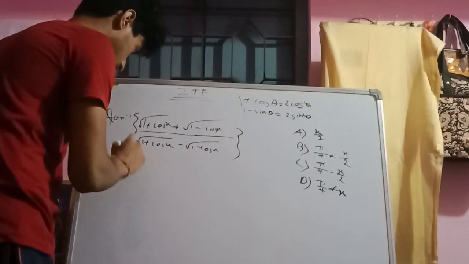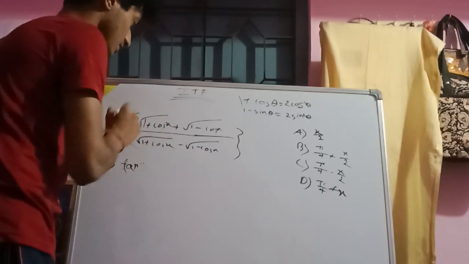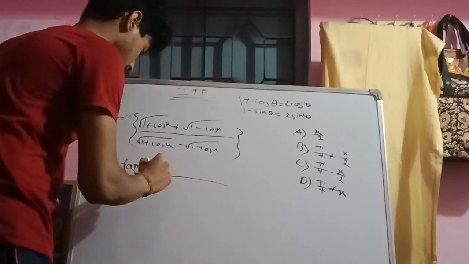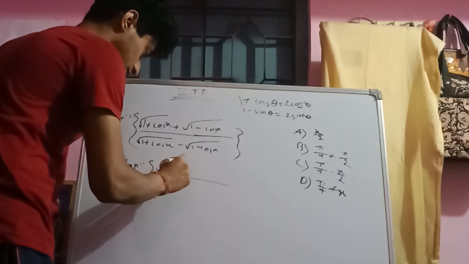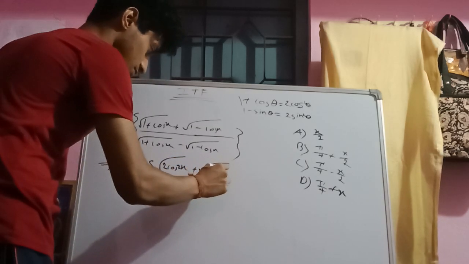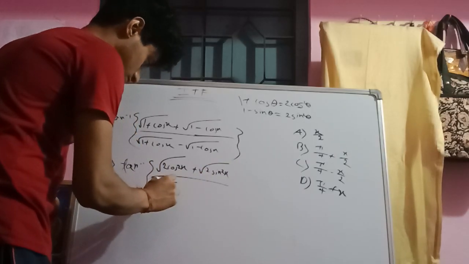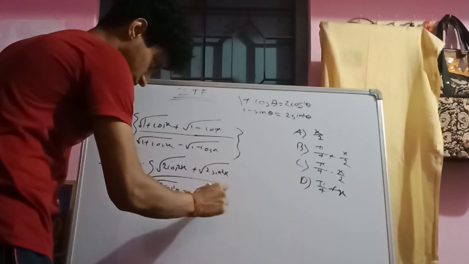Tan inverse of, so this quantity is root over 1 plus cos x. So this can be written as root of 2 cos square x over 2 plus root of 2 sin square x over 2 over root of 2 cos square x over 2 minus root of 2 sin square x over 2.